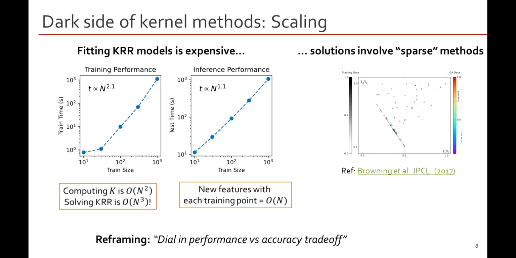Now, if you remember from the introduction of the kernel matrix, that kernel matrix is composed of every pairwise comparison between entries in the training set. So that means that in order to compute the entire matrix, I have a computational cost that scales with the square of the number of training entries.